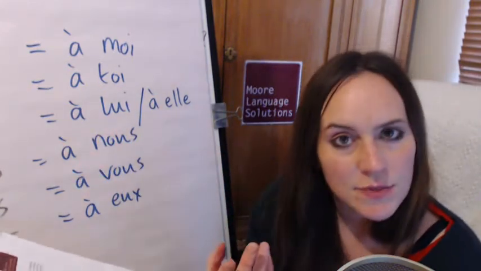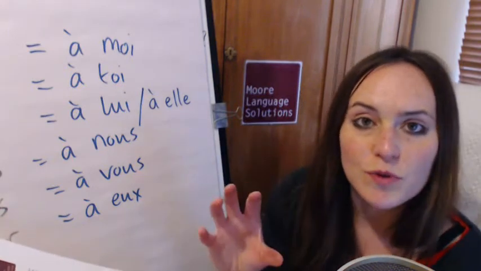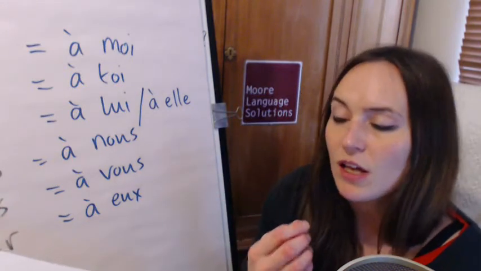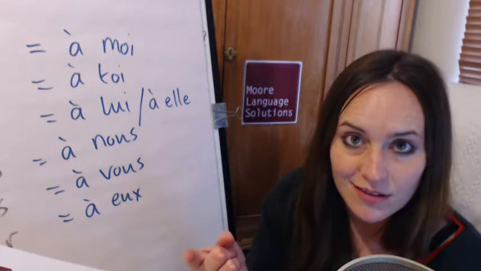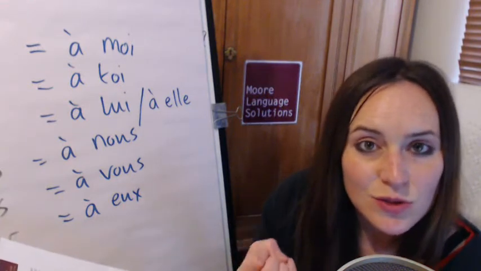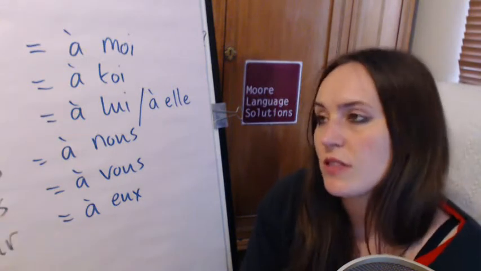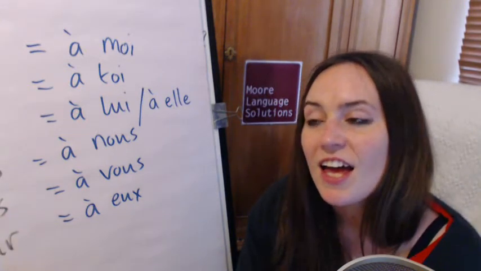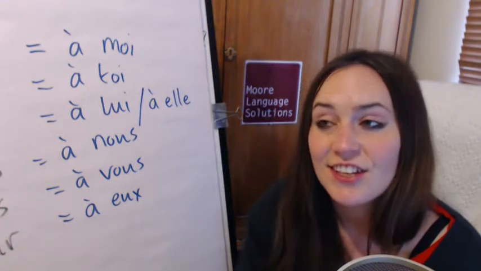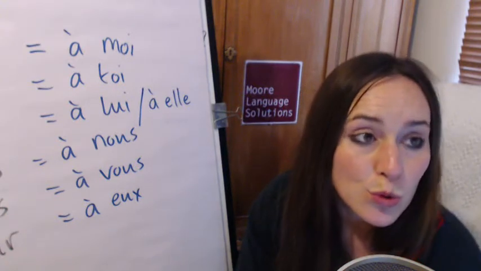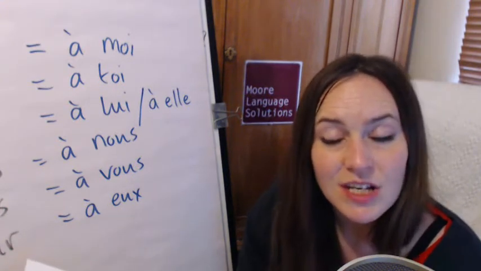However, there are some examples where in the full form you would say, for example, pour quelqu'un. So instead of using to someone, you would use the preposition for someone. For example, j'achète des fleurs pour Sarah.